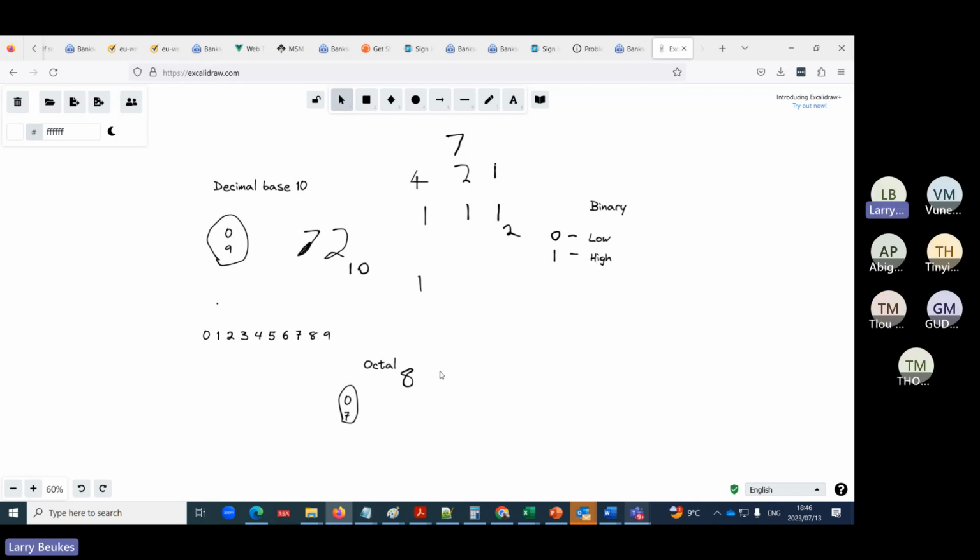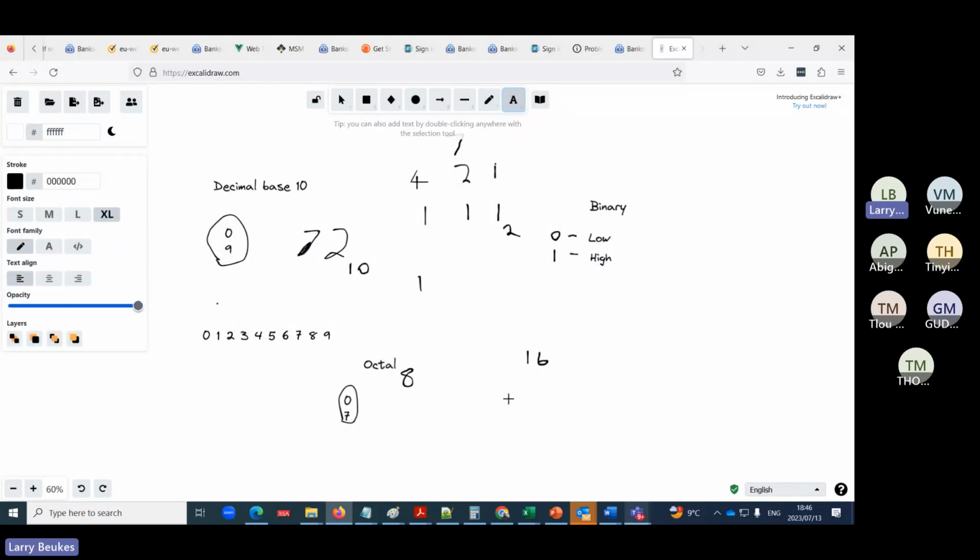In short, okay. Then the next one is hex. Hex is to the base 16, right? With hex, I need to cover something for you guys to understand as well. In simple words, hex will go from 0 to 15.